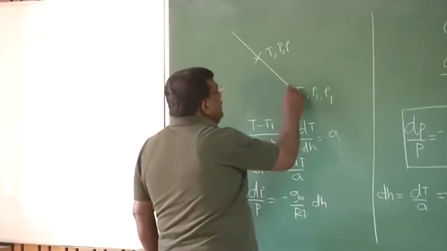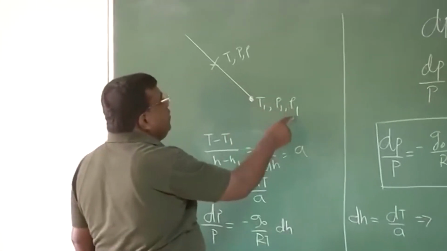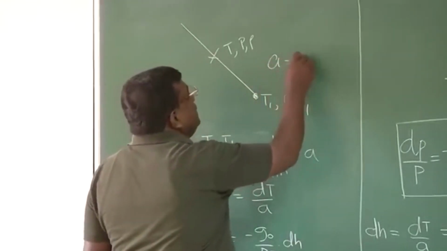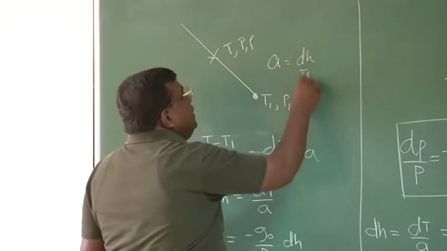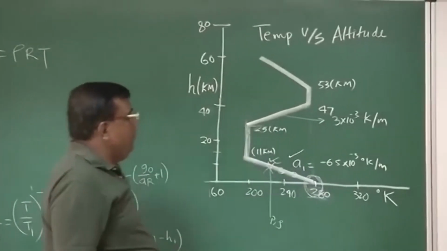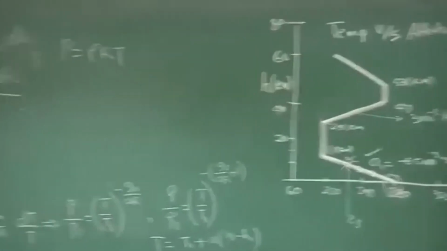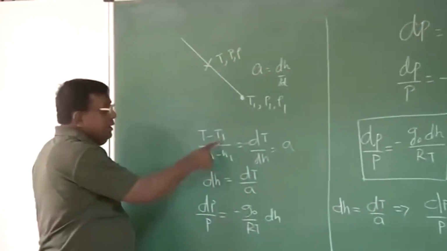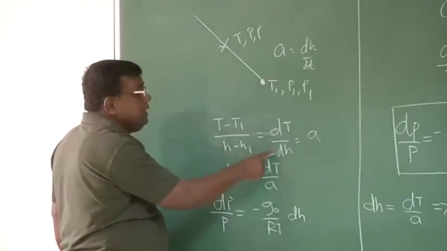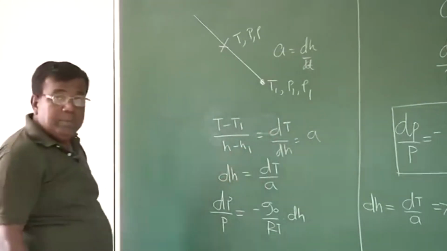For example, if this condition is T1, P1, rho 1, if I know this, and I know a as the lapse rate, you could see for this region there is a lapse rate a1. So I can write T minus T1 divided by h minus h1, which is nothing but dT by dh, is equal to a, which is the lapse rate.